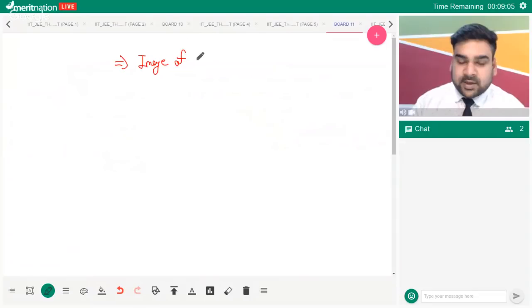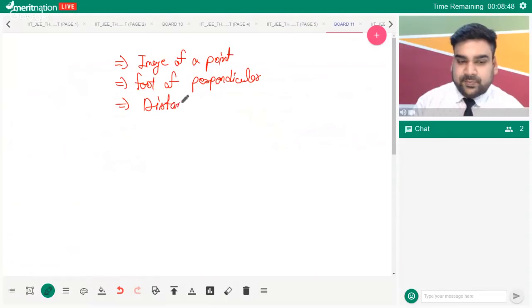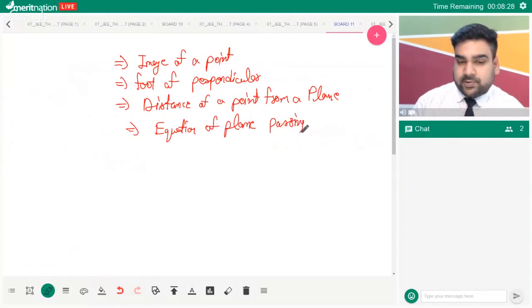In the JEE exam, these are some of the favorite topics: image of a point, finding the foot of perpendicular, distance of a point from a line, distance of a point from a plane, equation of a plane passing through a given point, also containing one line.